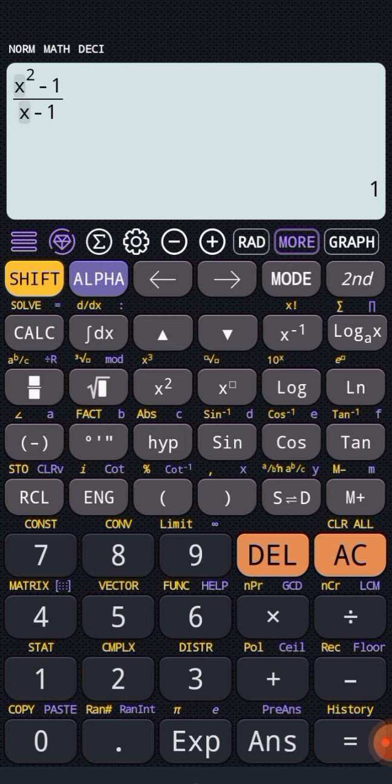So there are two ways of solving limits with your calculator. Let's say we have this particular question: the limit of this function, sin 5x over sin 10x.